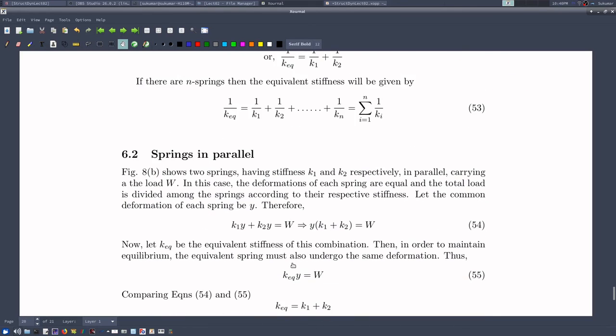And the equivalent spring will also undergo the same deformation, so K equivalent into y equals W. By equating these two, since the right-hand sides of the two equations are equal, the left-hand sides are equal. So y times K1 plus K2 is equal to y times K equivalent. Therefore K equivalent is K1 plus K2.